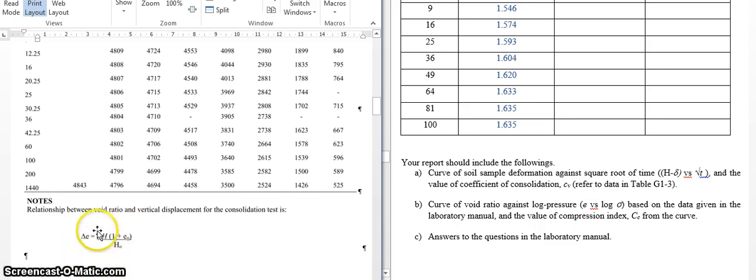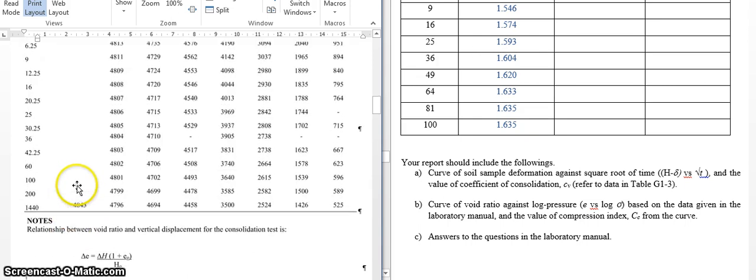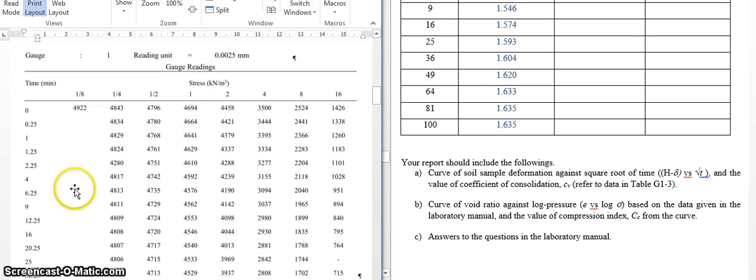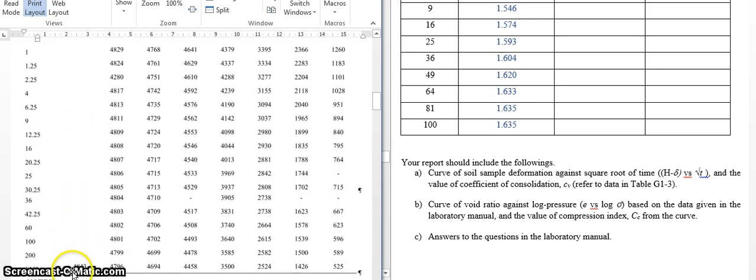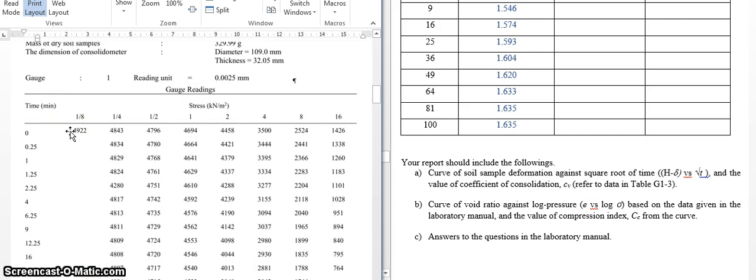By using that, you can include the readings in this equation. Basically, delta H is the final reading minus the initial reading. Taking the stress as the 1/8 ratio, the final reading is 4,843 times 0.0025 minus 4,922 times 0.0025.